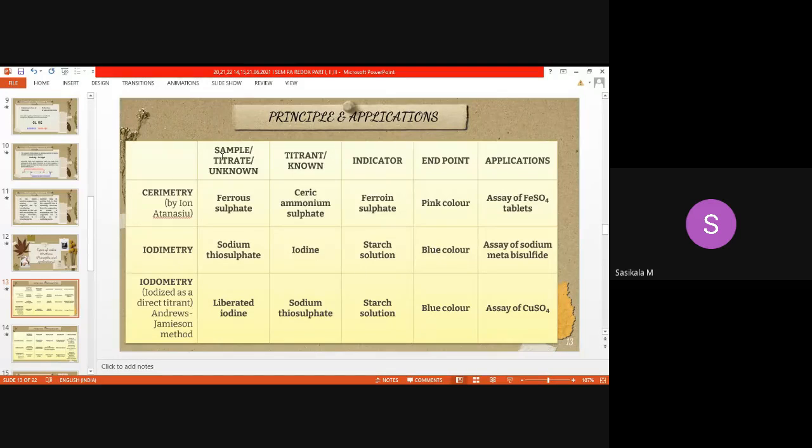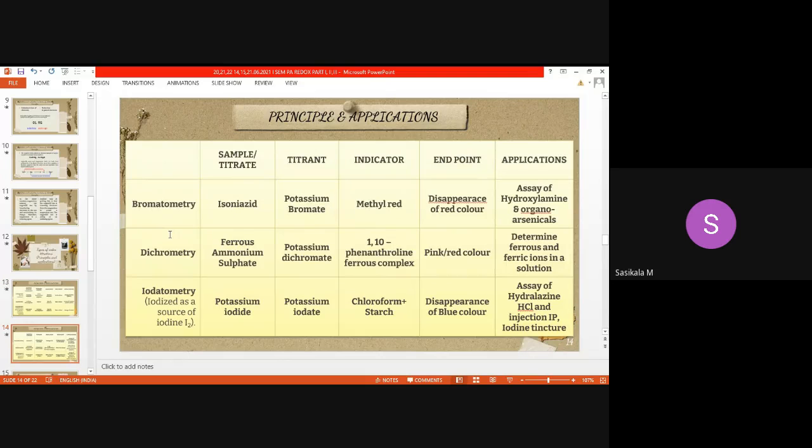Now let's see the simplified form of titrations in order to recollect and comparatively study all the points related to each and every redox titration method. The 6 methods we need to discuss are cerimetry, iodimetry, iodometry, bromatometry, dichrometry, and iodatometry.